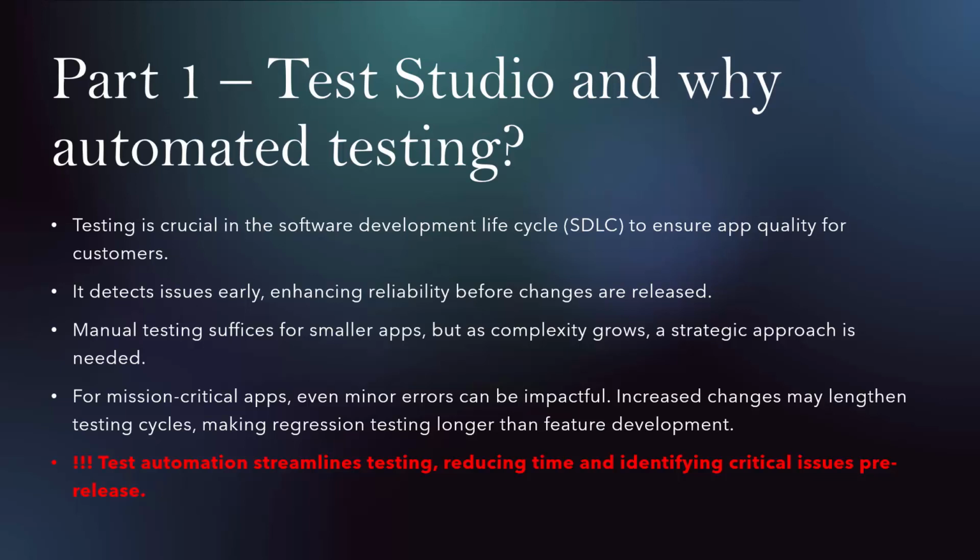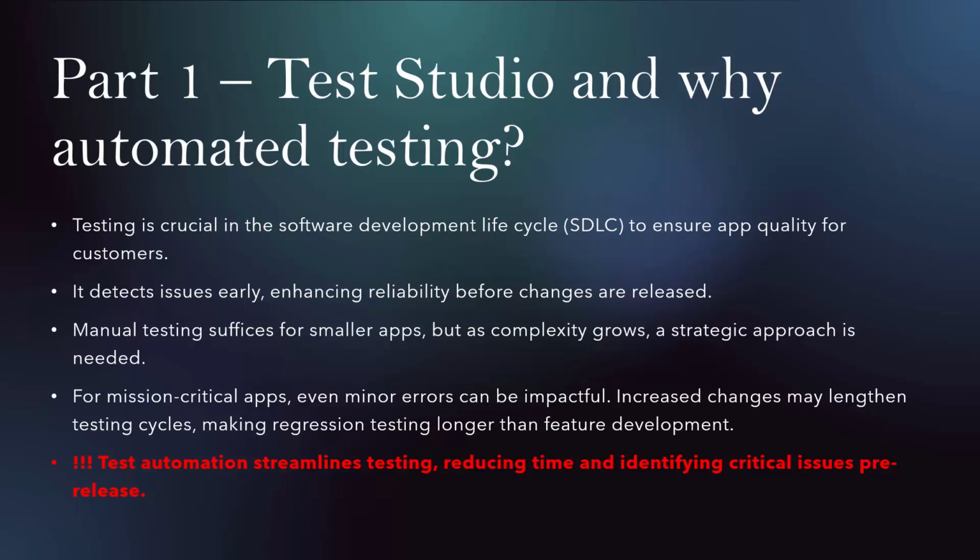Yes, manual testing has another problem. As humans, we might miss a particular test case. However, as a machine, we can use the same test case even in the regression. Finally, test automation streamlines testing, reduces the time, and identifies the crucial issues before the release.